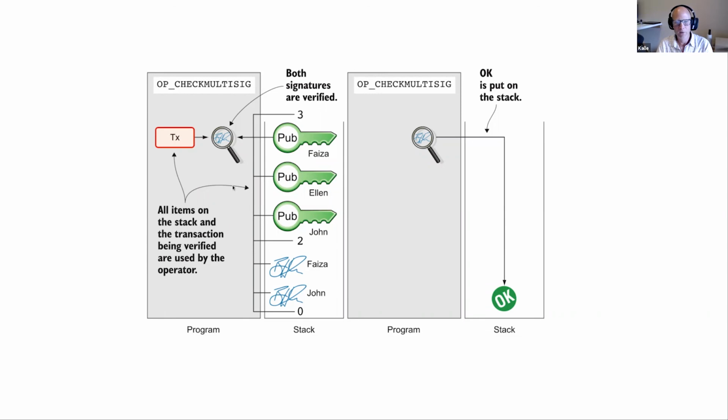And so it will verify both signatures independently, and if they both are valid, OK is put back on the stack. And now the program is empty even for this new software that's aware of pay-to-script hash.